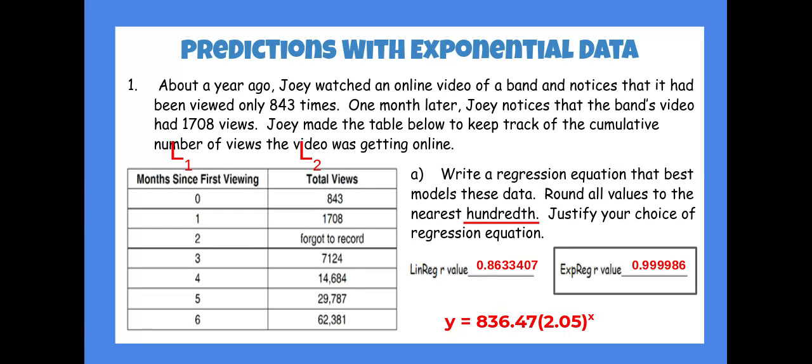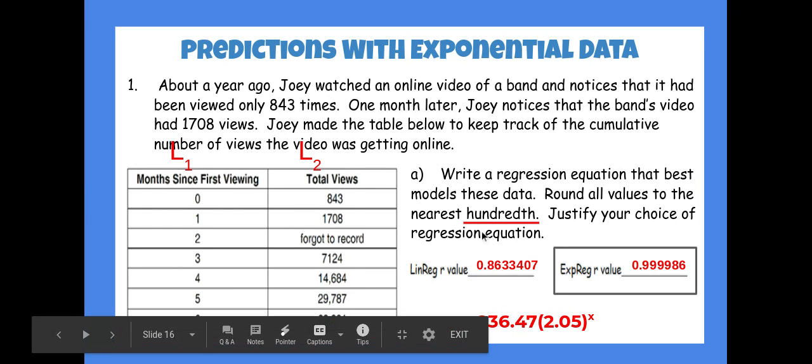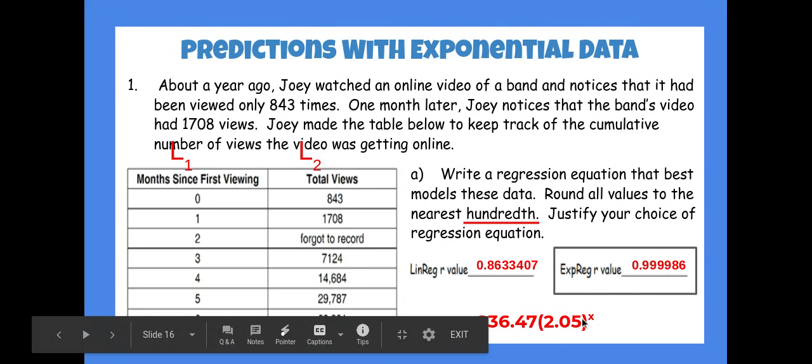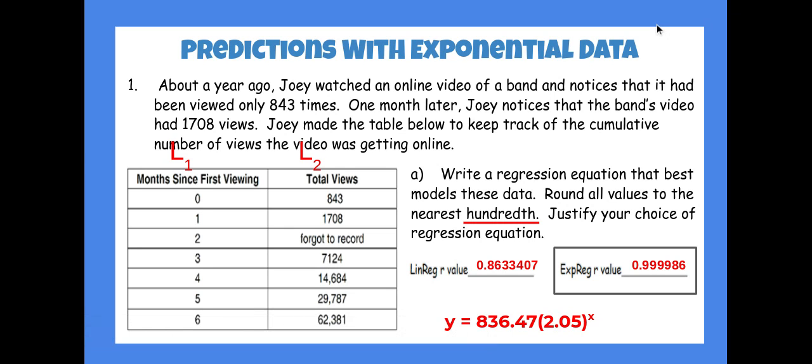When we round to the nearest hundredth, which is our second decimal spot, your exponential regression equation should look like the one below: y equals 836.47 parenthesis 2.05 to the x. That's how you write an exponential regression equation.